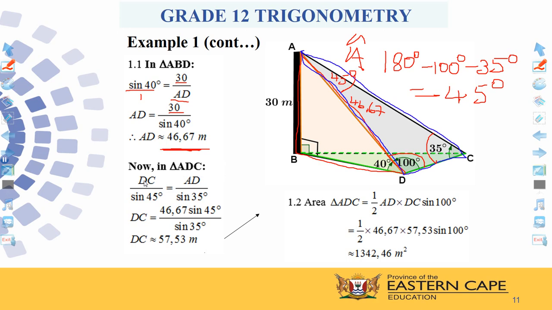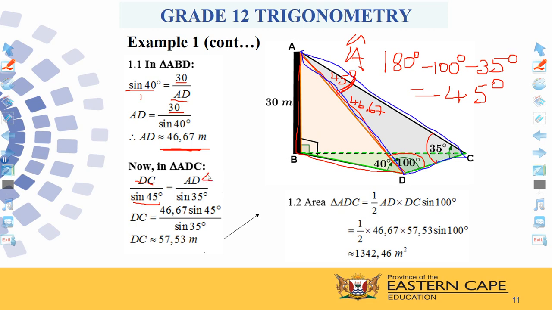I will say DC, which is this side, divided by sine of the angle opposite to DC, which is that angle. So DC over sine 45, there is 45. That is the angle opposite to DC, is equal to AD, and AD I've just calculated as 46.67.